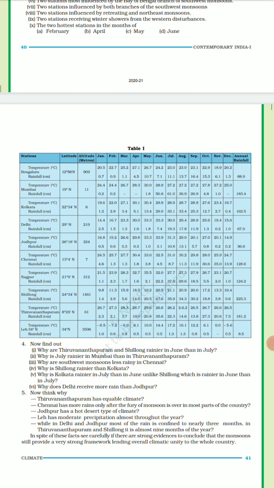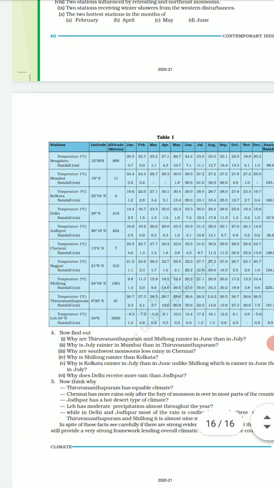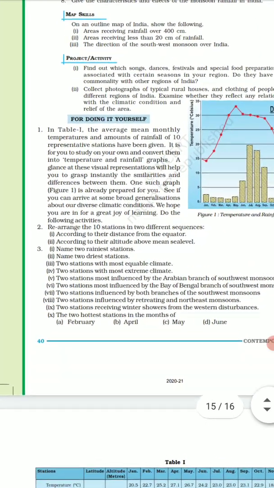Shillong and followed by Mumbai, right? It is Shillong and Mumbai. Then driest, 2 driest region. Leh is one and another, followed by that. Yes, Jodhpur, right? Likewise, these are simple questions, children, which you have to go ahead with.